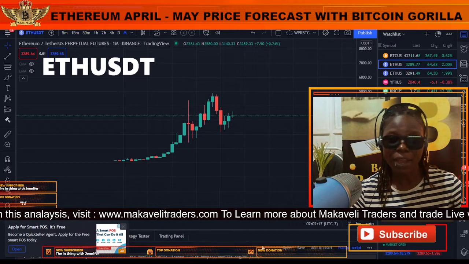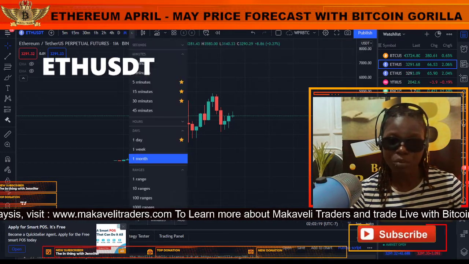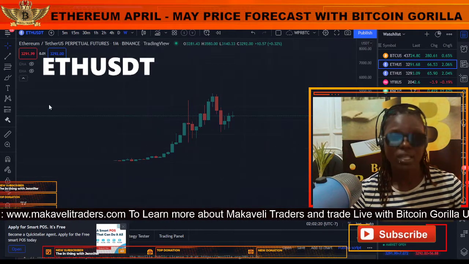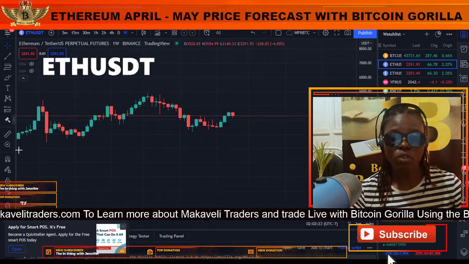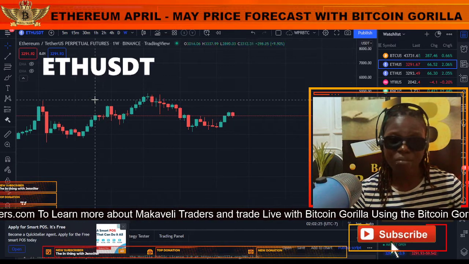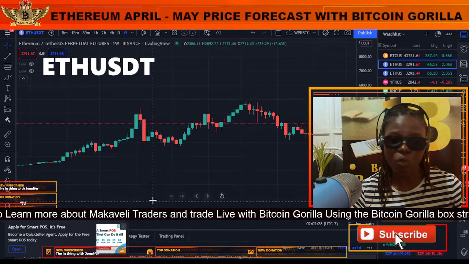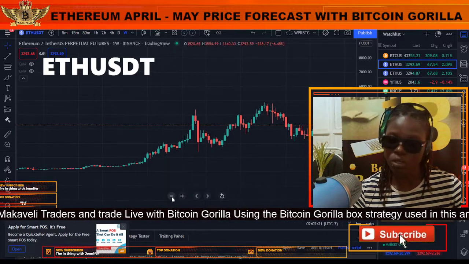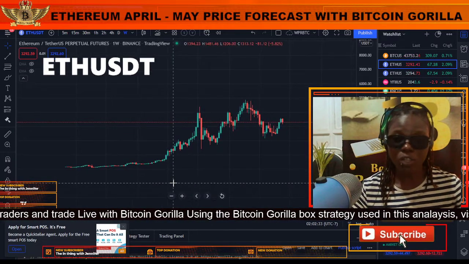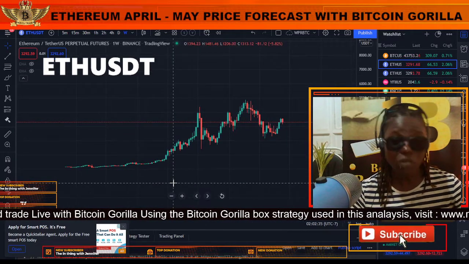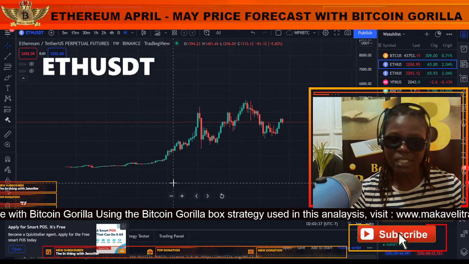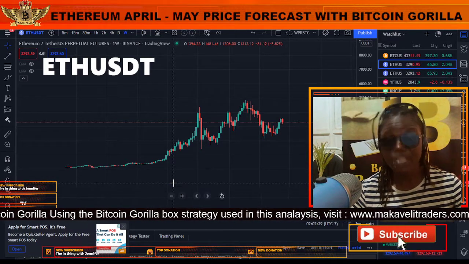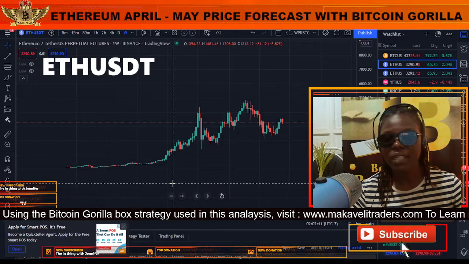Let's start by me first of all drawing the most important support and resistance in the chart. We're also going to be looking at the candlesticks and making sense of what the candlesticks alone talk about on the monthly chart, because whatever we're doing, we want to make sure that the weekly chart, the monthly chart, and at least the daily chart are in correspondence and agreement with it.